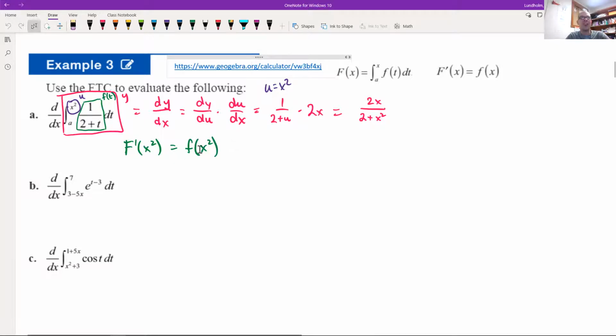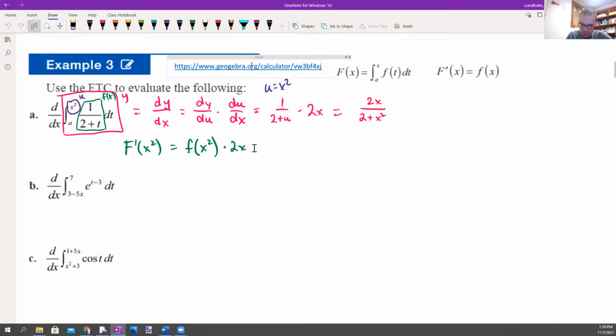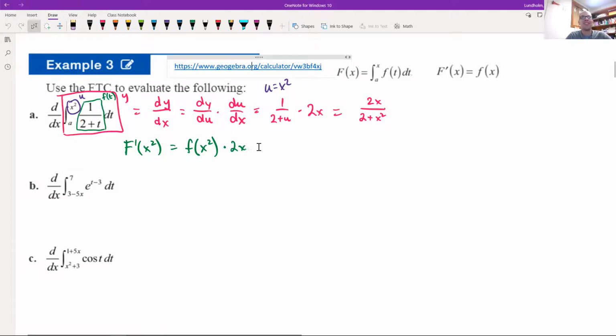So we've got f of x squared, and then times the derivative of x squared, which is 2x. So chain rule again, but now the chain rule just looks like this.